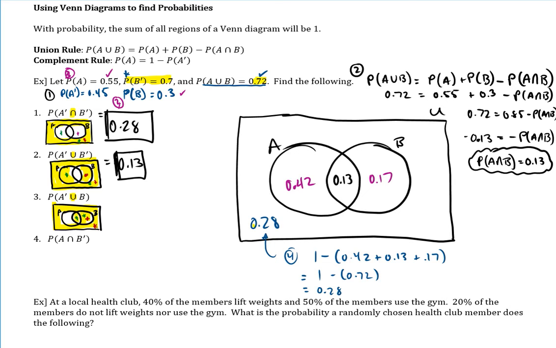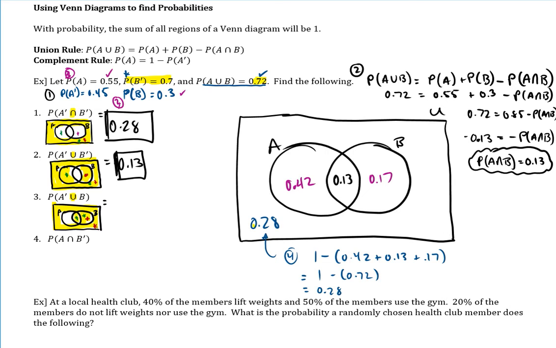So our probability then, I'm going to use addition and just say it is the 0.42 plus the 0.13 plus the 0.28. Okay, oh no, I was looking at it wrong. Oops, sorry. Let's go back.